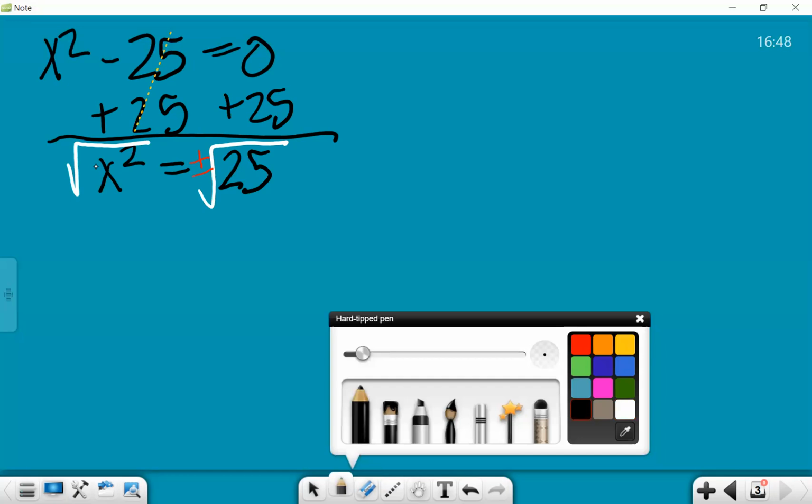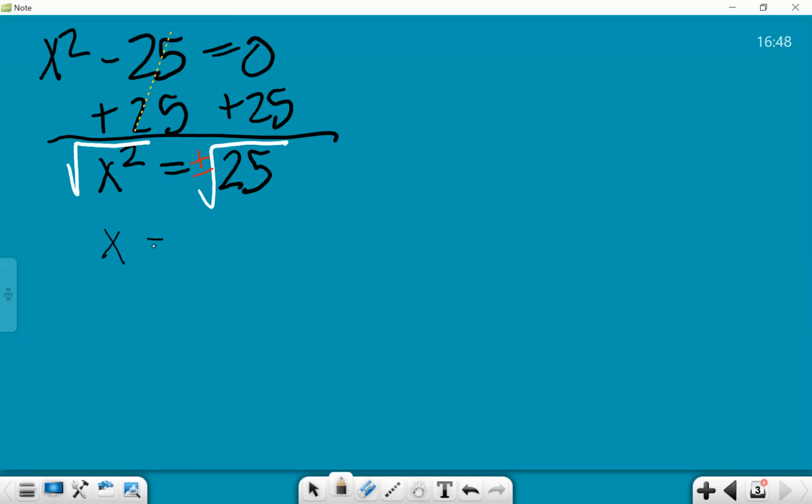So square and square root cancel out. We're left with x equals the square root of 25, which is 5, plus and minus versions. So once again, I put my solution in set notation, plus and minus 5. So that is the square root property.